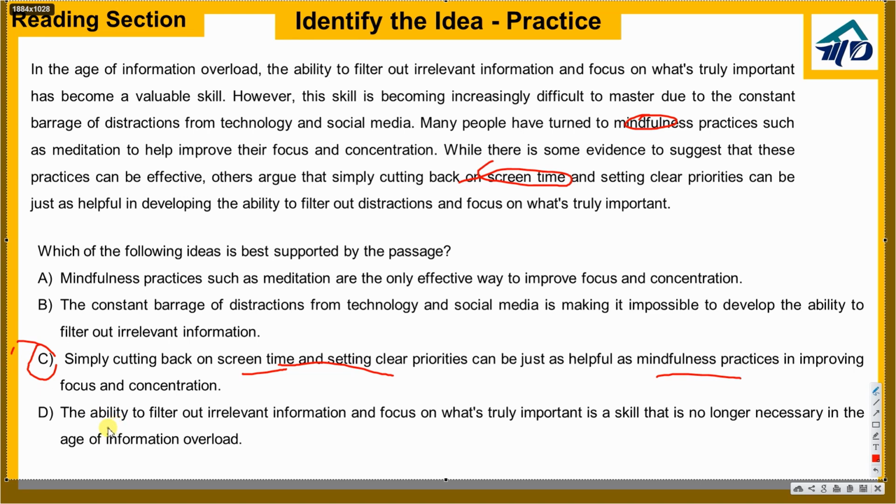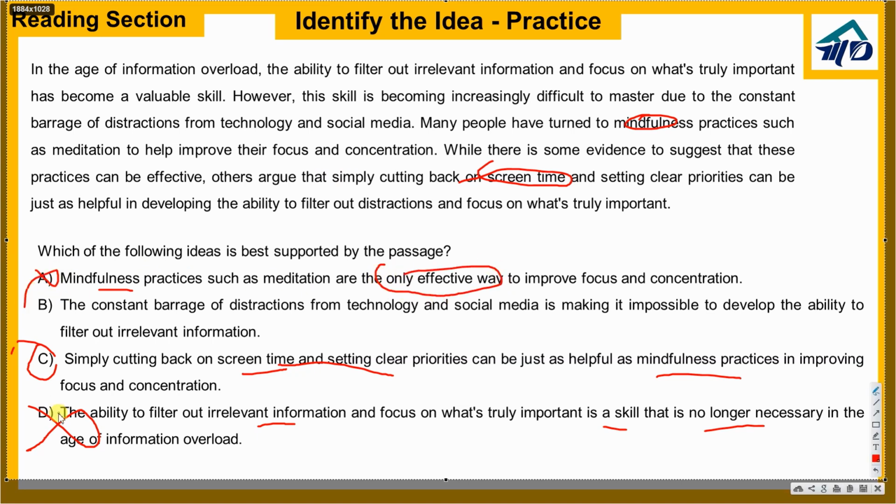Now the fourth one, the ability to filter out irrelevant information and focus is a skill that is no longer necessary. No way. They did not say that in the passage. So D can be eliminated. A is also not in the paragraph. In the paragraph, they have suggested two options. Option A is telling us this is the only way.